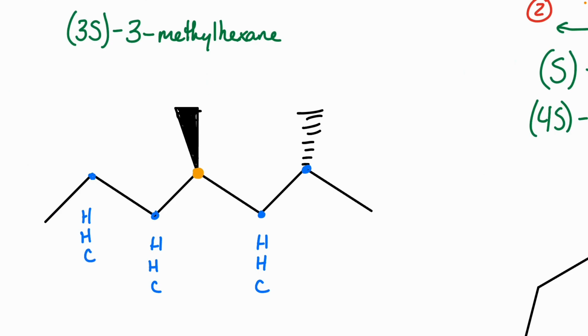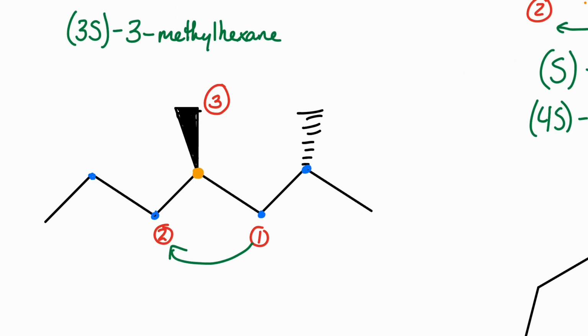Hydrogen, hydrogen, carbon, hydrogen, carbon, carbon, right? So that branch point right there is what makes that the higher priority group. Cool. All right, so this is 1, this is 2, this is 3. If we connect these, we are going clockwise. And what does clockwise mean for this particular structure? R. Excellent.